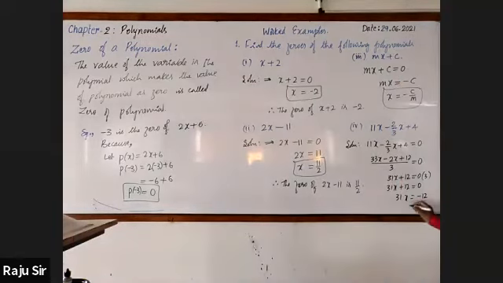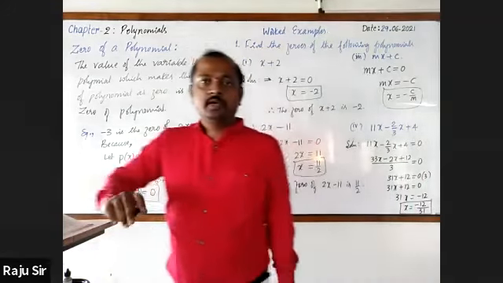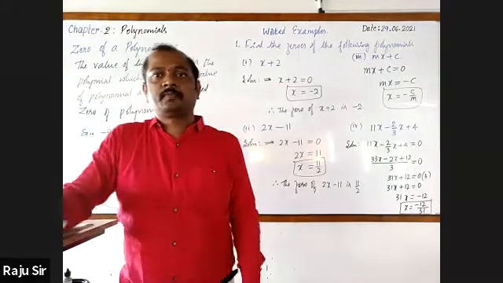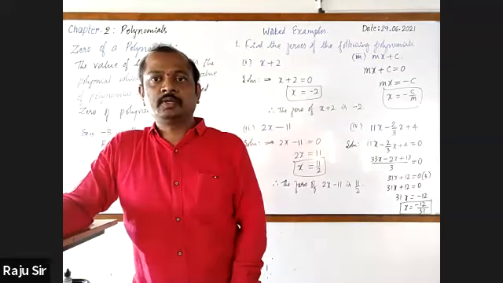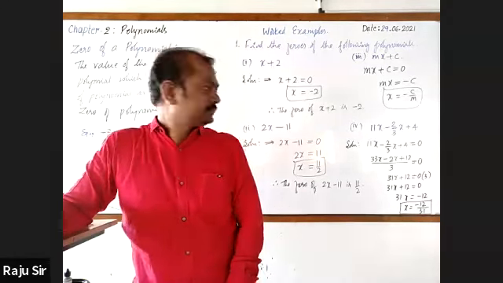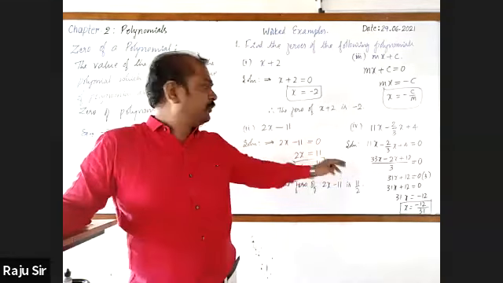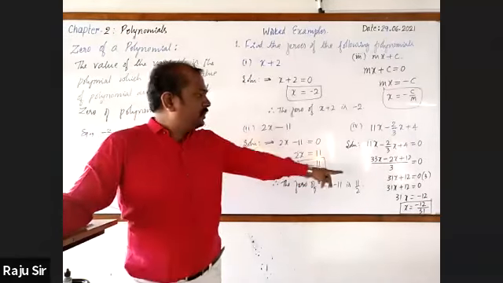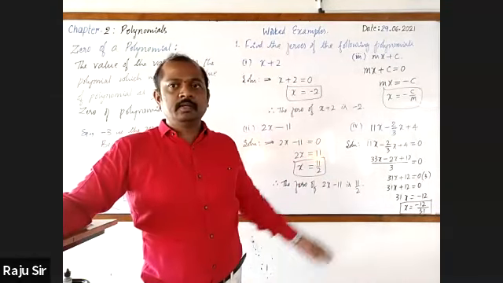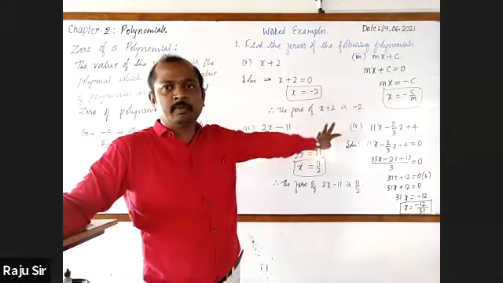Then find out x. x is equal to minus 12 by 31. Right. Write the conclusion. Therefore, minus 12 by 31 is the zero of the given polynomial.